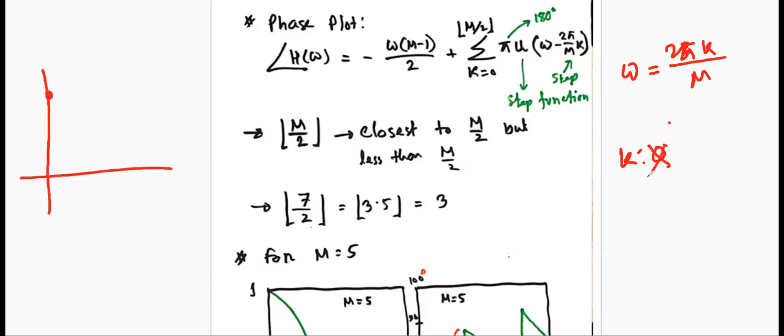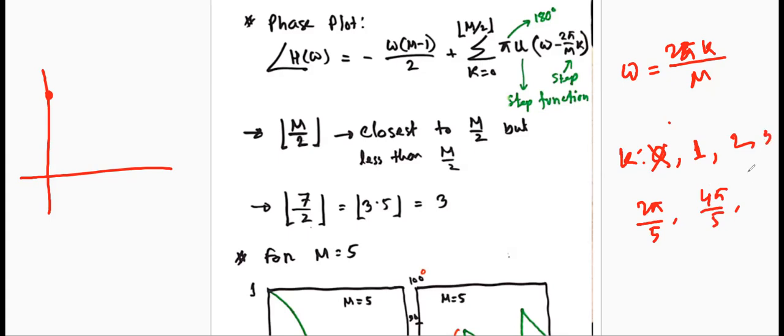So k equal to 0 is not possible. Then for k equal to 1, yes, we got that. This is twice pi divided by 5 for the 5-point moving average. Then for k equal to 2, we have 4 pi divided by 5, and we'll take that.